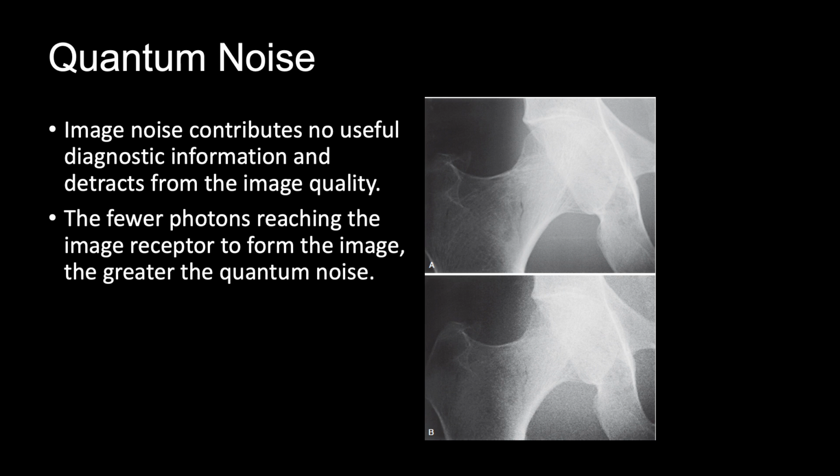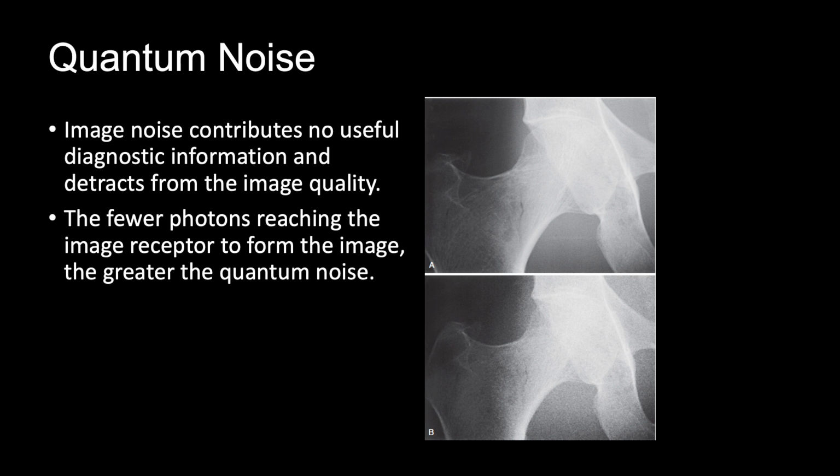It is important to minimize the amount of quantum noise or quantum mottle on a radiographic image. Shown in this image here, we're looking at some quantum noise. In image A, an image was created using an appropriate X-ray exposure technique. And then image B shows increased quantum noise as a result of insufficient X-ray exposure to the IR.